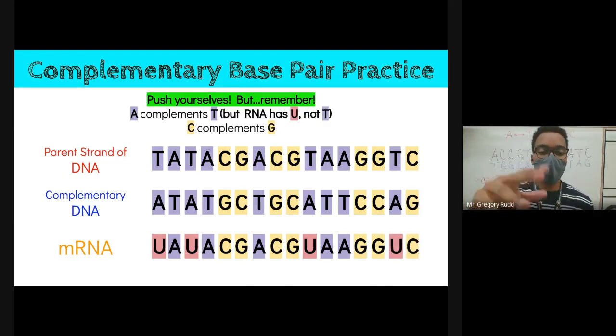Thank you, JT, and thank you as well, Ashanti. So what we can see here is that there are no T's in RNA, only U's. We'll talk more about this tomorrow, but this is the process of transcription to go from DNA to RNA.